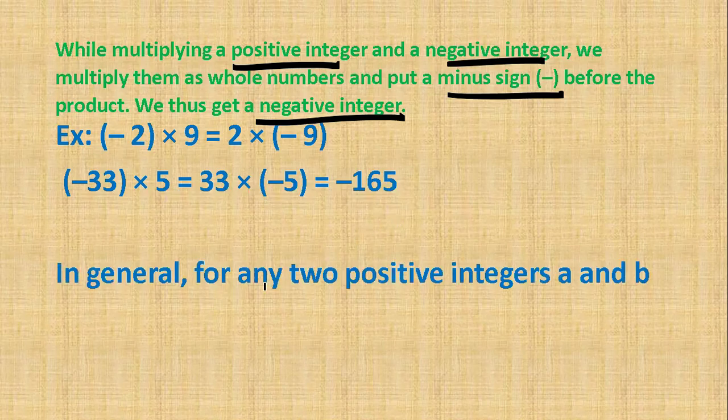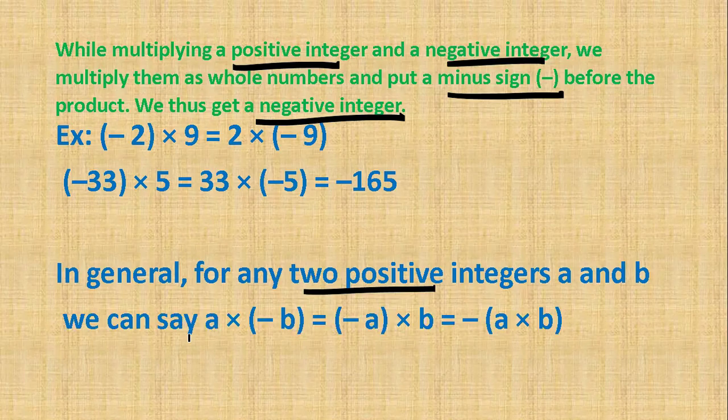In general, for any two positive integers a and b, a into -b is equal to -a into b is equal to -(a into b).